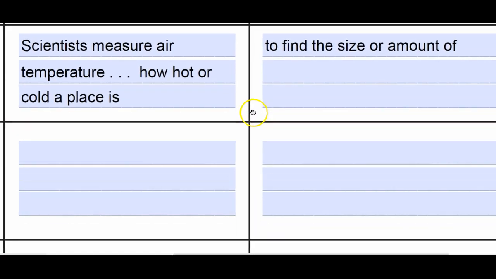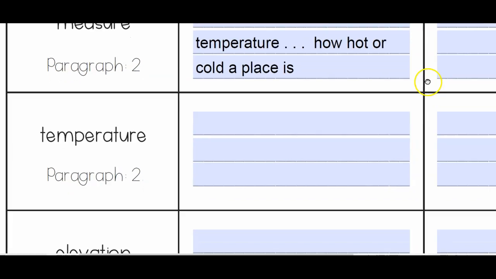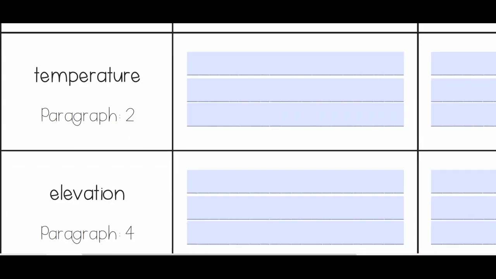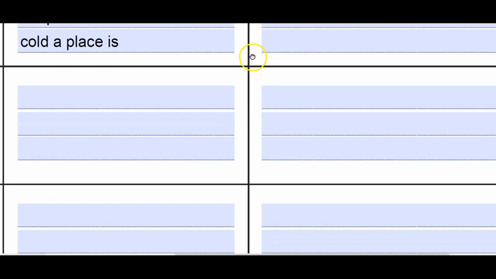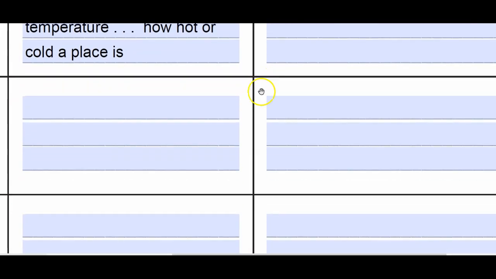All right, let's continue. The next one is temperature. Okay, and then we also have elevation. Elevation is the last one. So temperature, which is also found in paragraph 2. Okay, we'll do both of those.